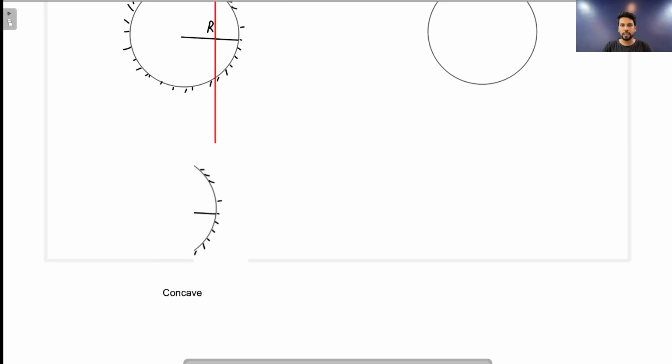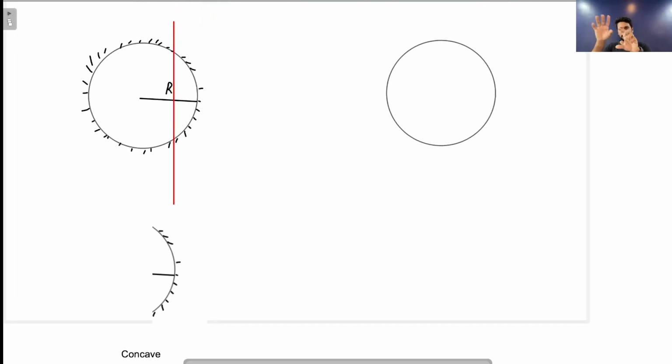In the same way, I have another spherical mirror, a sphere, and it also has a radius. Every sphere has a radius, there is no doubt about that. In this case the outer side is shiny, the outer side is reflecting, and the inner side is rough.